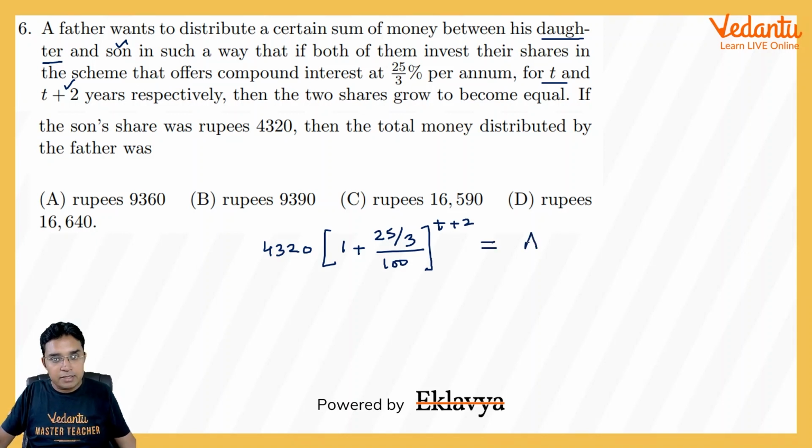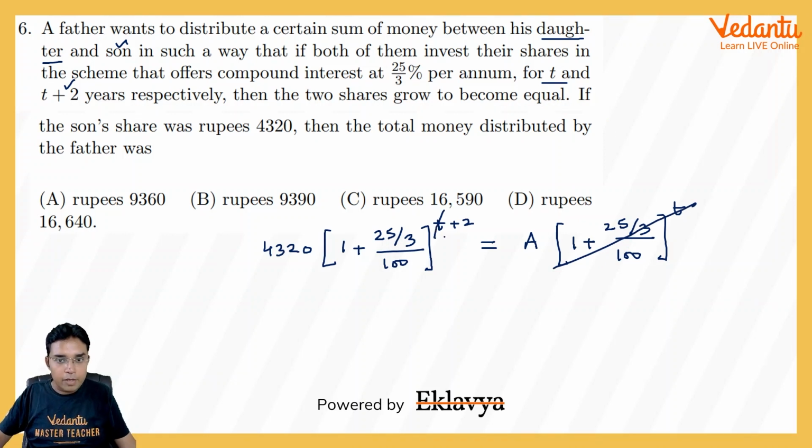Now if A is the amount that was given to the daughter, she will be able to grow this amount to this raised to the power T, and they both are equal, as the two shares grow to become equal. So here you can see this power T will be cancelling.